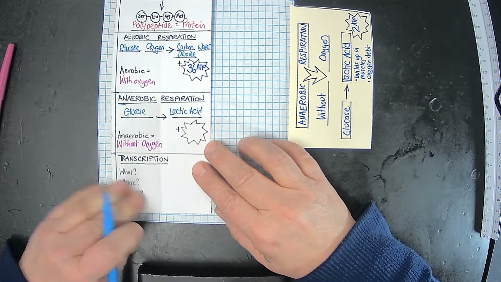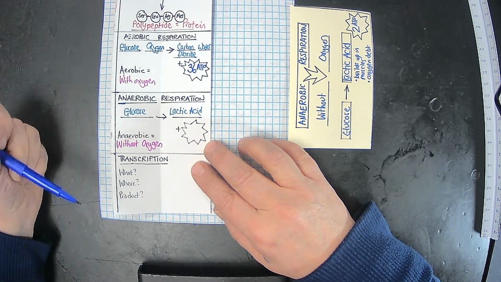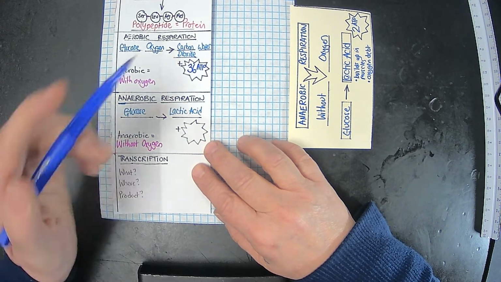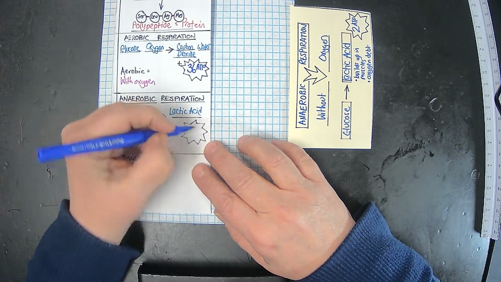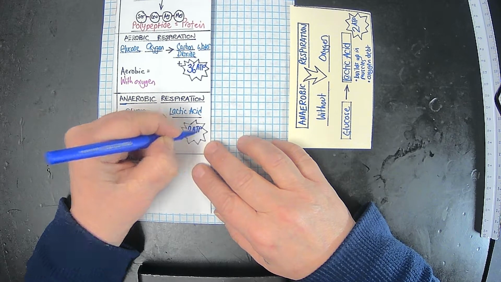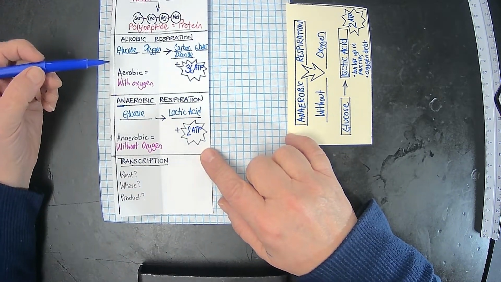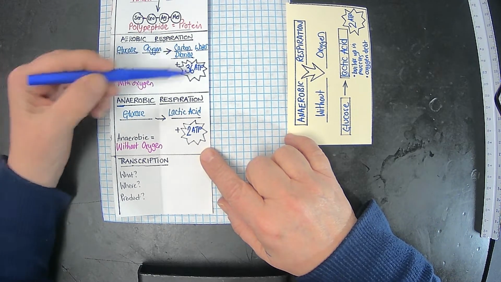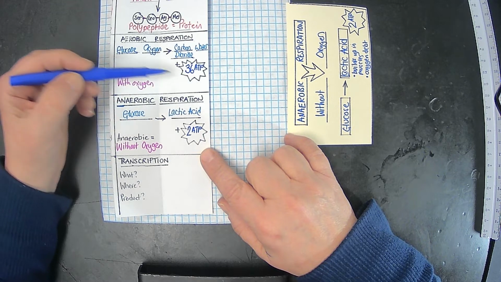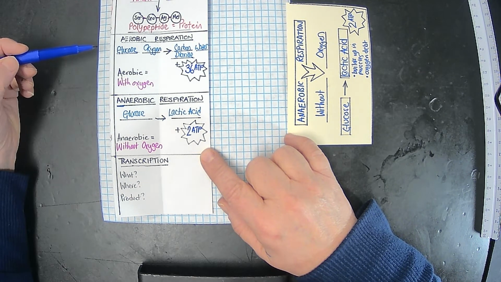Now the big deal here is that anaerobic respiration is a lot less efficient than aerobic. So for every 1 molecule of glucose, you only get 2 lots of ATP. This is, as I was saying to you before, what we do normally, which is much more efficient. I would much rather get 36 lots of ATP from 1 lot of glucose.